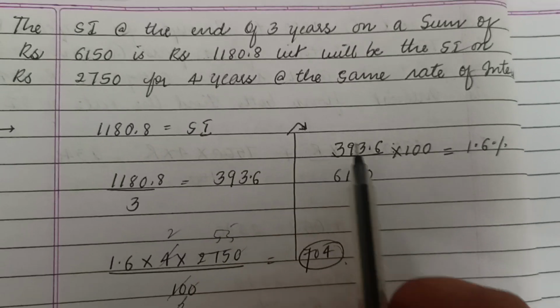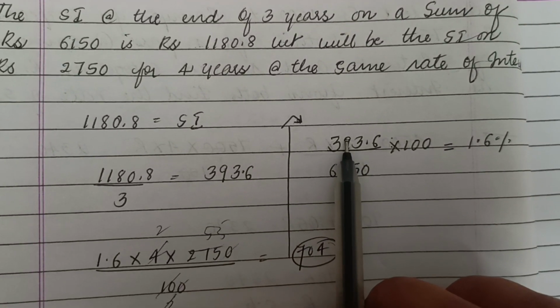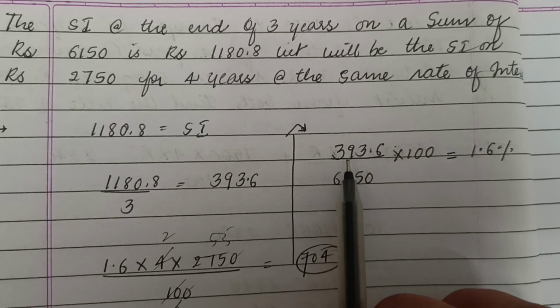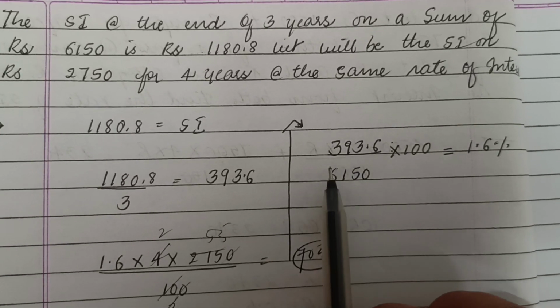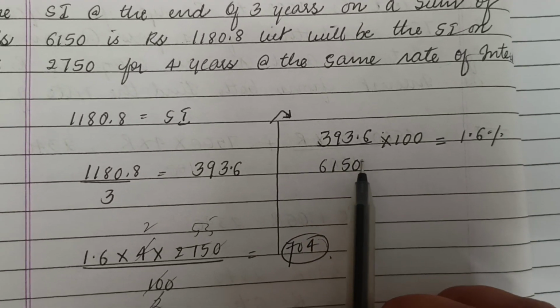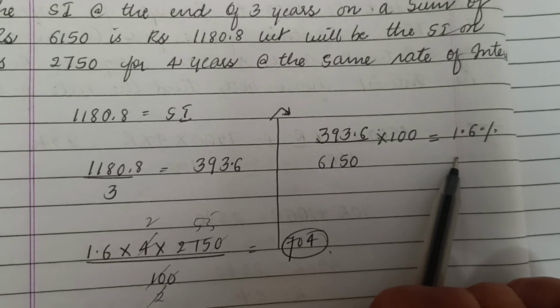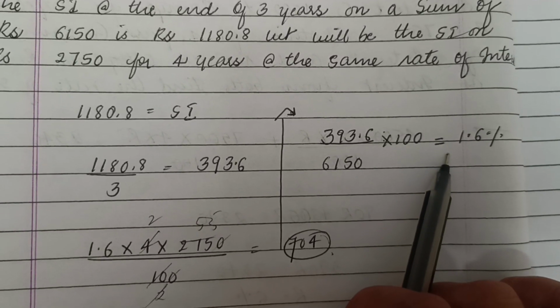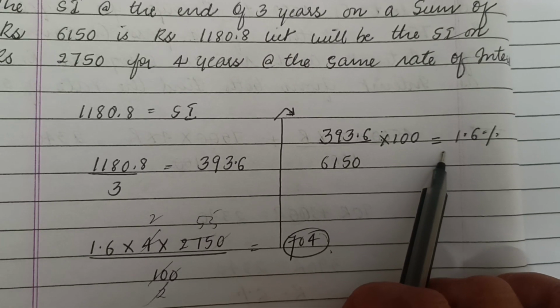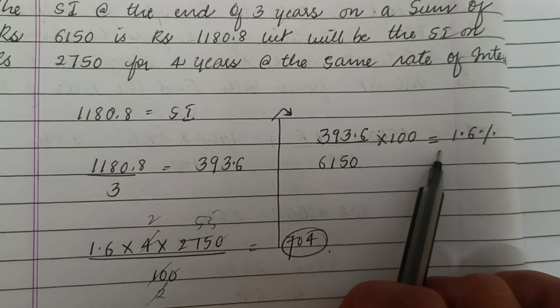I will get 393.6. After this, if I compare it with the principal amount, that is 393.6 divided by 6150 into 100, I will get 6.4%. So this is the rate of interest which is applied.